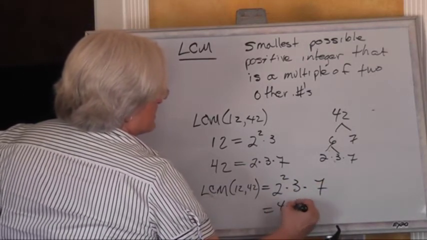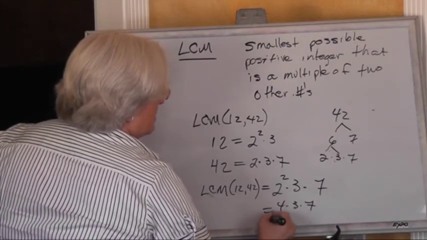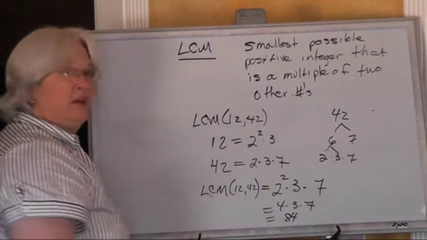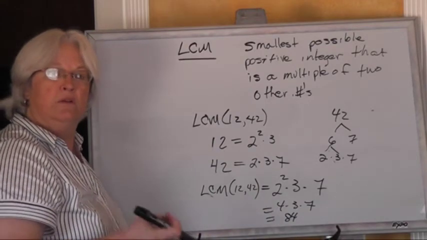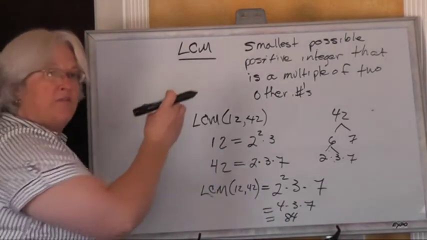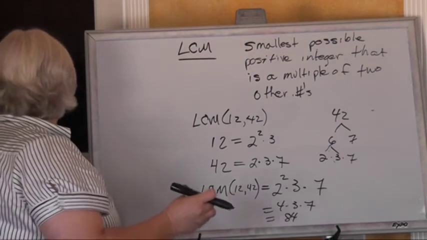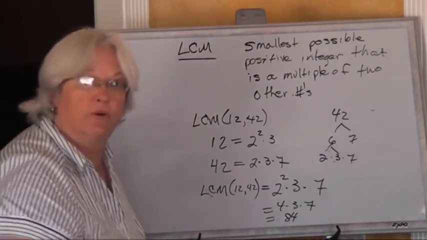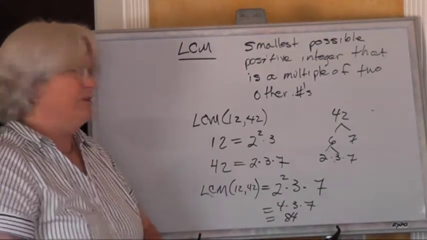That's 4 times 3 times 7. 12 times 7 is 84. So using this method of finding the least common multiple by prime factoring, we end up with a least common multiple of 84.